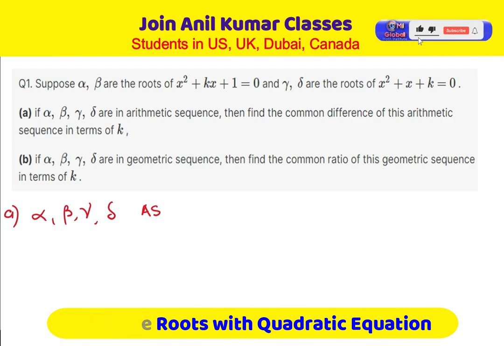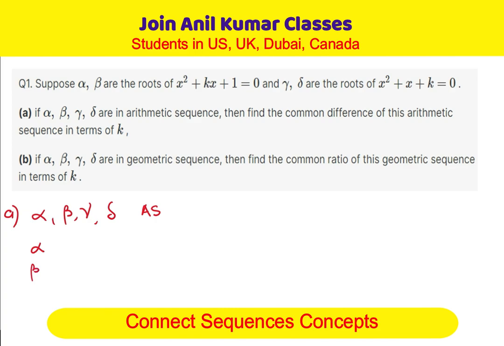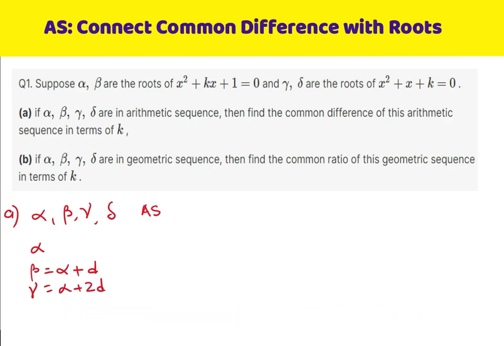If these are in arithmetic sequence, then alpha could be the first term, beta will be alpha plus D, the common difference, gamma will be alpha plus 2D, and delta will be alpha plus 3D.